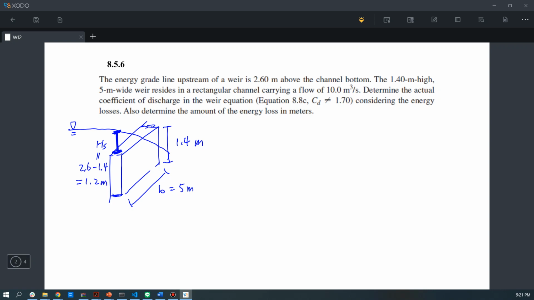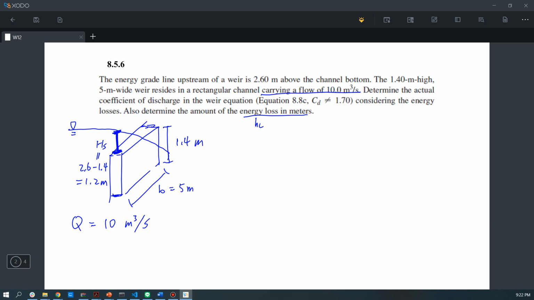Okay, so what else do we know? Oh, carrying a flow of 10 cubic meters per second. So we know Q is equal to 10 cubic meters per second. Okay, that's all the information that we know. And we want to determine the amount of energy lost, HL, for this problem.